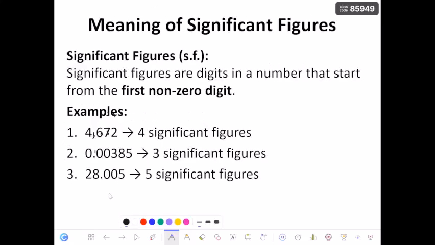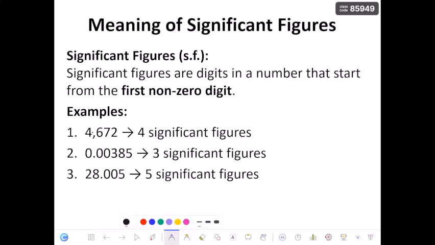So let's move on and see significant figures. Okay, in significant figures, what we are doing is we are counting those digits that are not zeros, especially those digits that start a number without zero. If you look at the meaning, we say significant figures are digits in a number that start from the first non-zero digit.